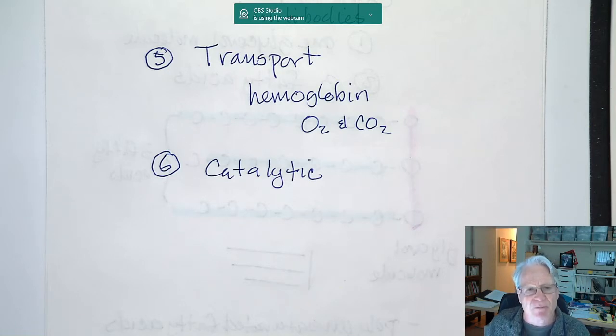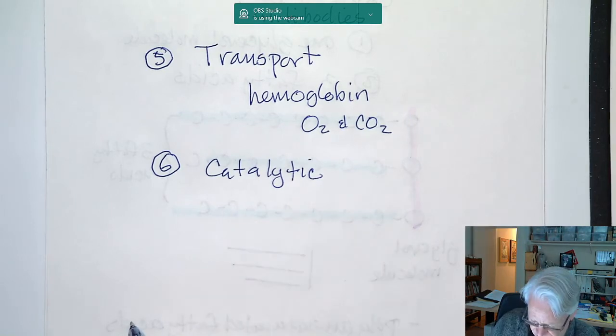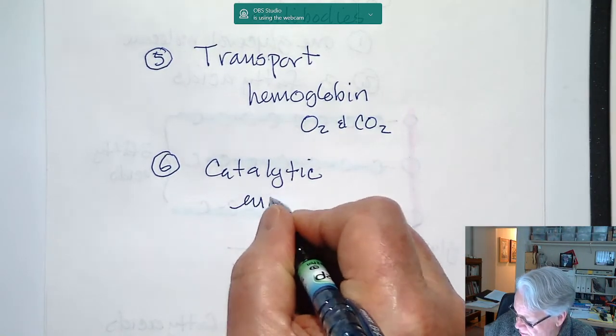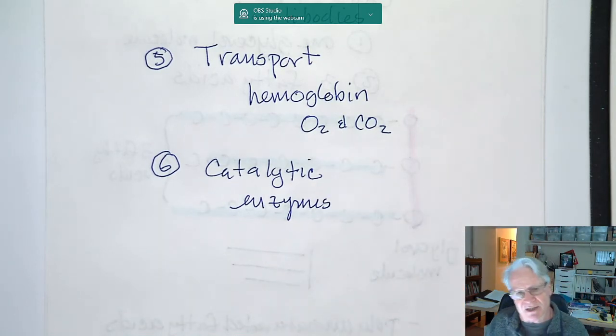We'll write this definition down a little bit later because we're going to talk about the proteins that have this catalytic property, and that would be enzymes. So enzymes are catalysts. They speed up chemical reactions, but they're not changed in that chemical reaction. They simply speed it up.